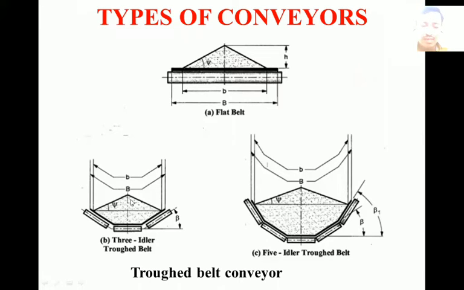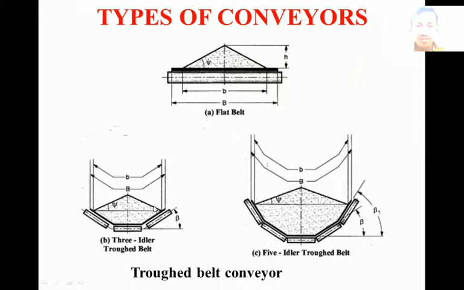Suppose the material is loose material like sand, coal, etc. If you want to increase the capacity of the belt conveyor, we can go for this type of conveyor. What is that? That is the troughed belt conveyor. Troughed belt means the belt is not flat. Instead, we are going to use idlers. This is one idler, this is the second idler, and this is the third idler.